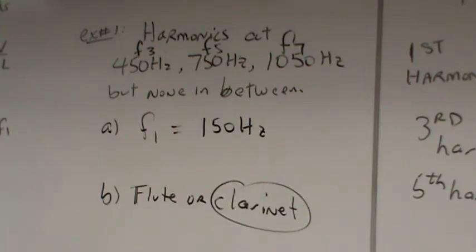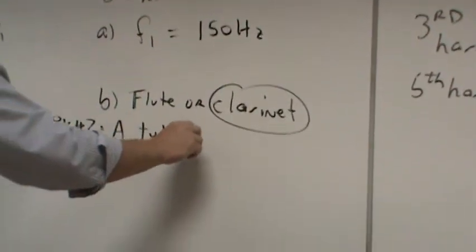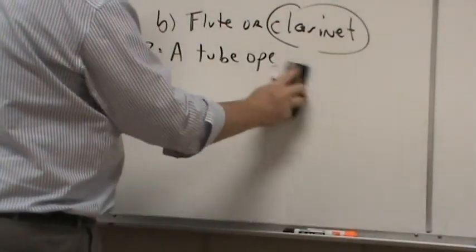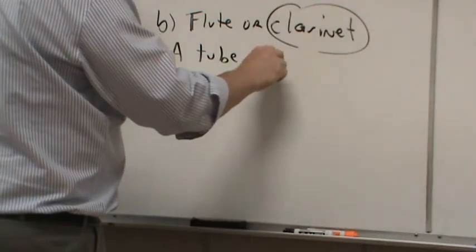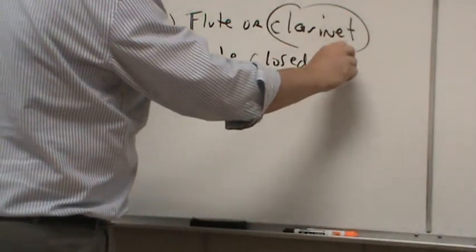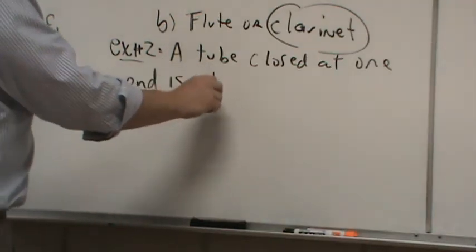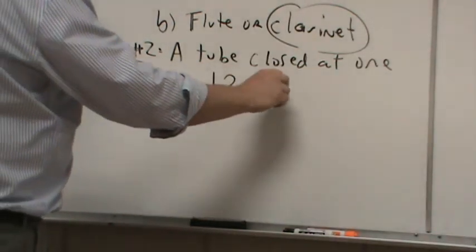Okay, hey, here's the last one I'm gonna give you. Here's example number 2. A tube closed at one end is 1.2 meters long.